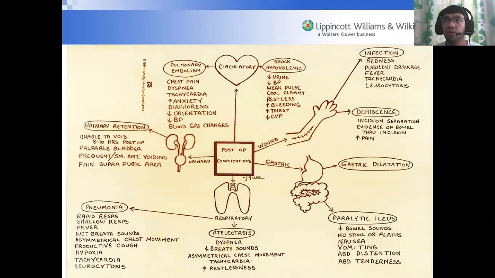Wet breath sounds, or you can hear crackles. Asymmetrical chest movement is also seen in this patient, wherein the chest is not even when he breathes, the movement of the chest. There is productive cough. Hypoxia is also felt by the patient. Tachycardia and of course increased WBCs due to infection.